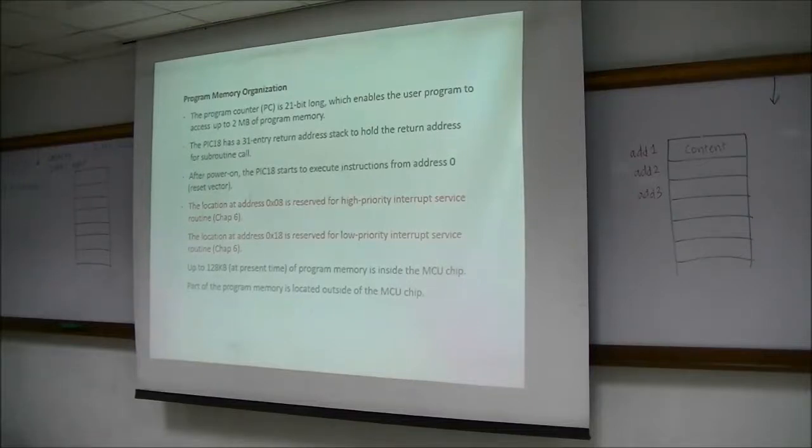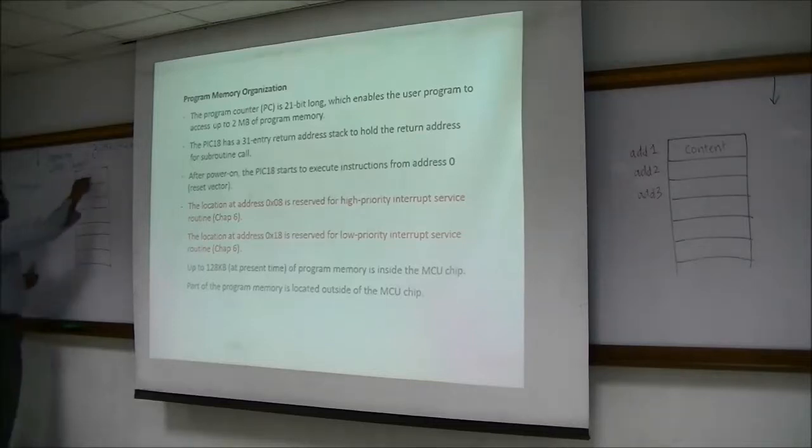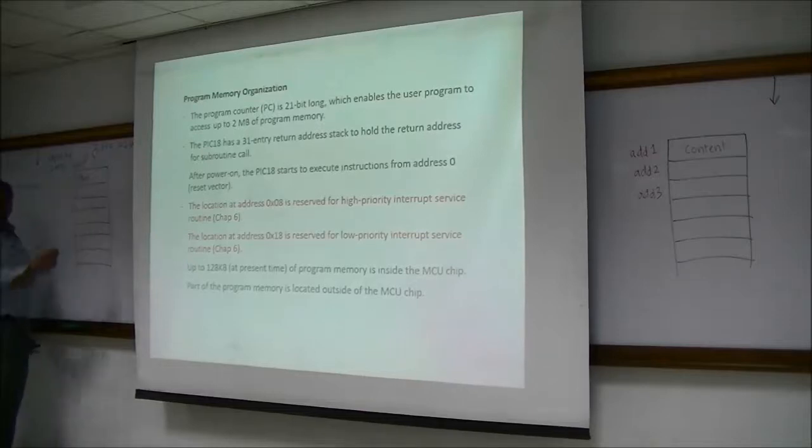Because it is an 8-bit microcontroller, the maximum value that you can store in one location is 8 bits. Because you can only process data of 8 bits, the maximum that you can store in one location should be 8 bits. As simple as that, it makes simple sense. So in one location, you can store 8 bits of value, which in binary means you can store 0, 0, 0, 0, 0, 0, 0, 0. One location can store that much data.